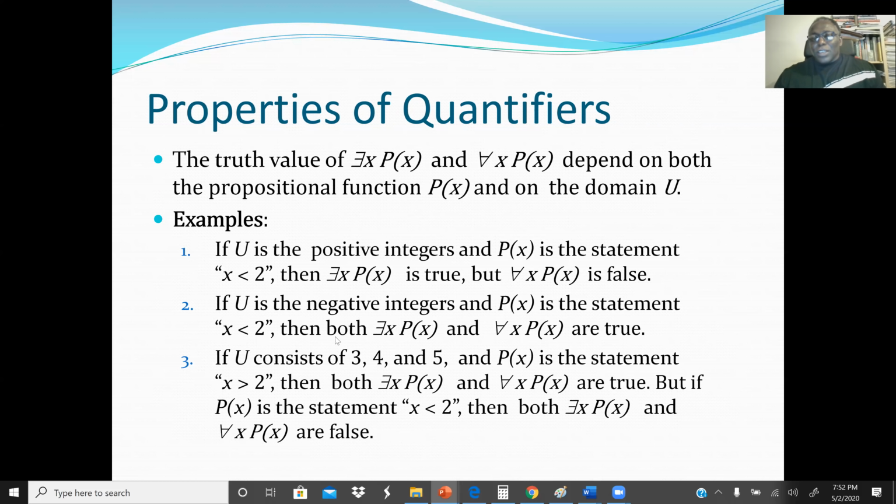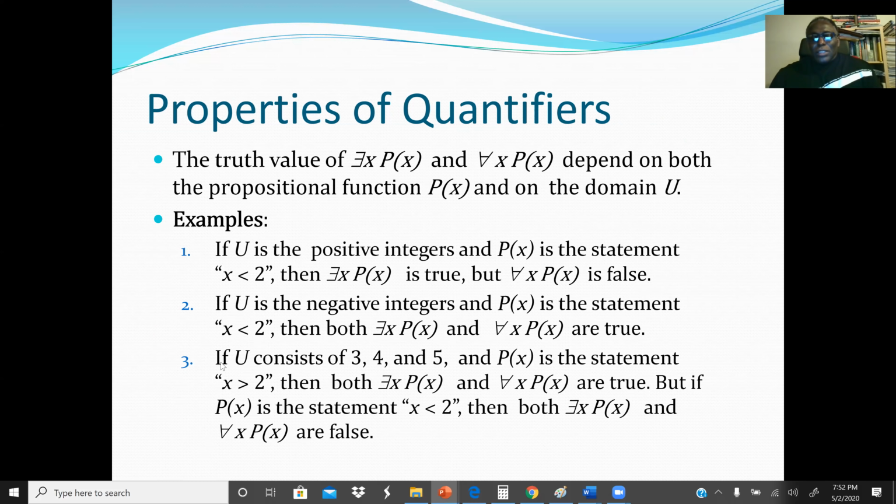Because in this case the universal set is negative integers, and our condition says x is less than 2, so we may have some negative integer values here, and for ∀x P(x), we may also have it.